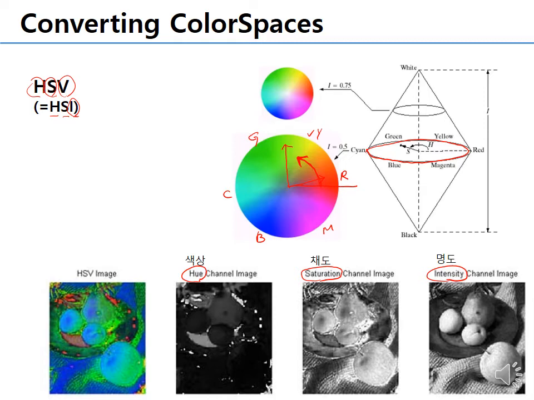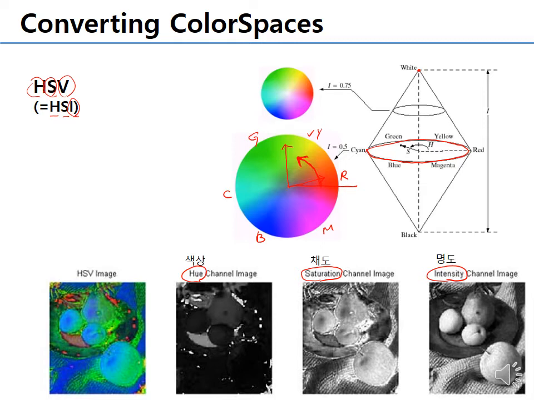As intensity increases, the total area becomes brighter, and the area becomes smaller and smaller. When intensity is maximum, that means when it becomes white, there is no color, and all the area becomes 1 point, and this is white.